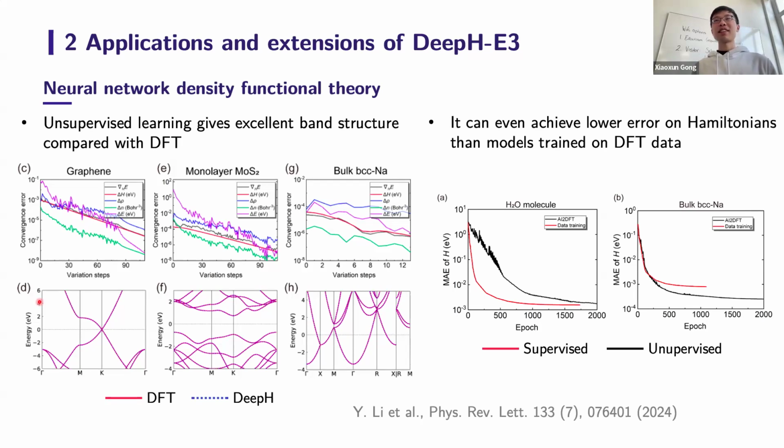Yes, but we only have very general constraints like the symmetry and the locality, and we don't have any information about the specific structures in the training set. But still, somehow this unsupervised learning process can find its way. Regularization. You mean what kind of?